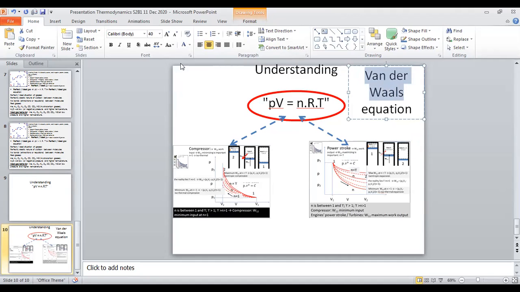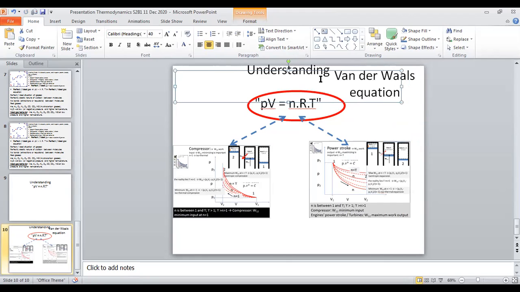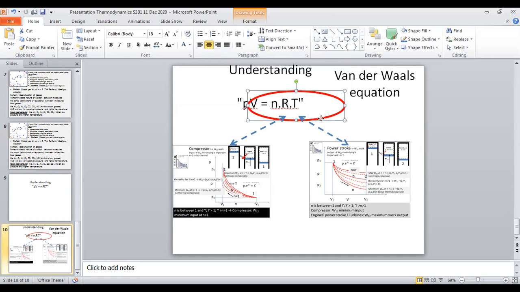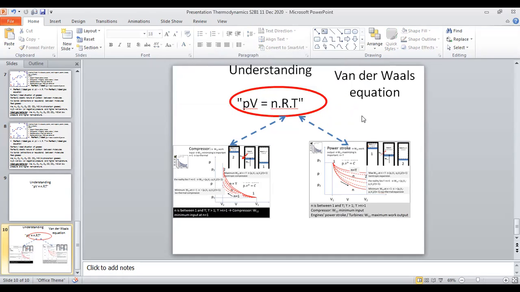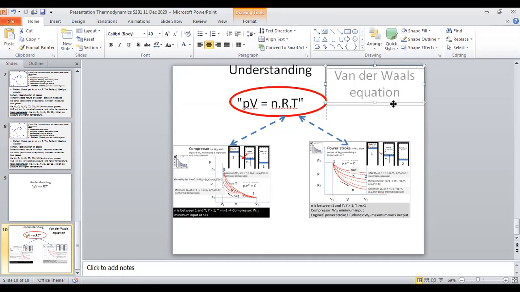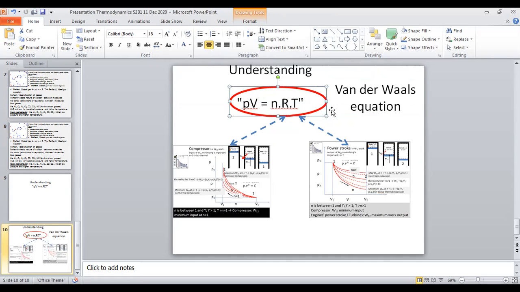Another equation there, we name it the Van der Waals equation. A little deviation from this.